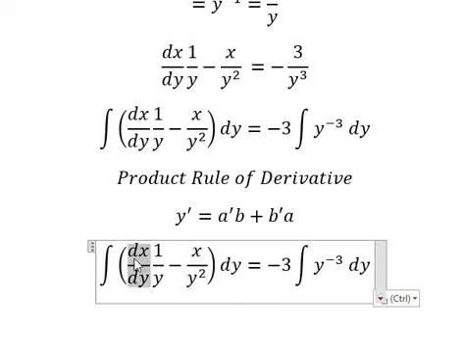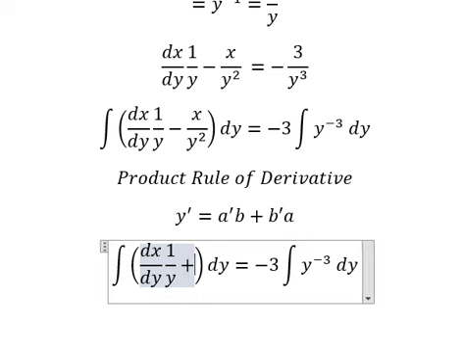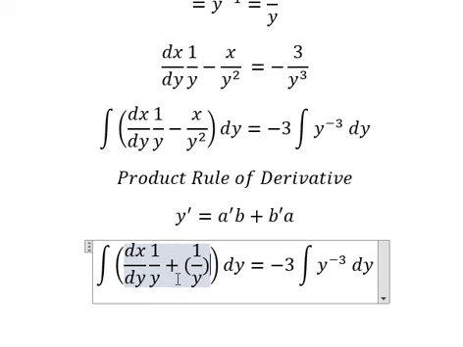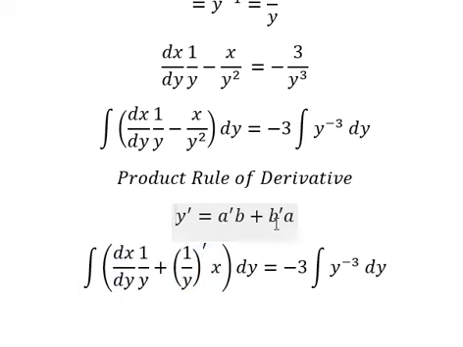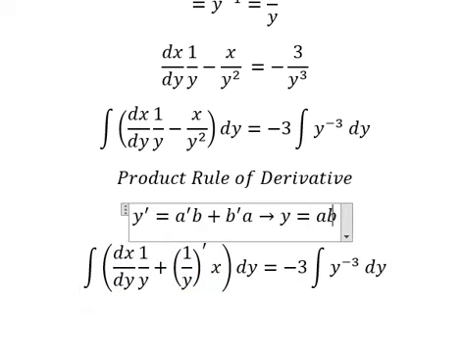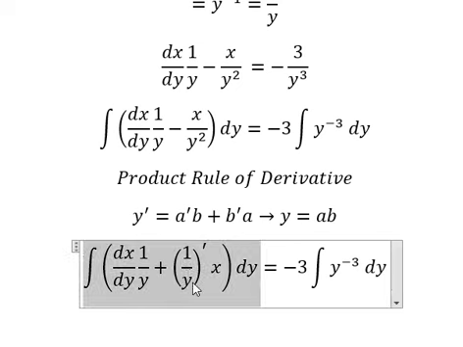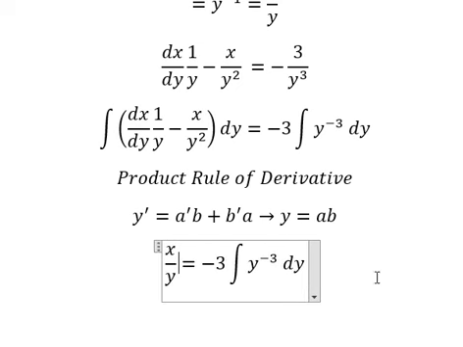So we have the first derivative of a multiplied by b, and this one we have the first derivative of b multiplied by a. So the integration of this one, we have y equals ab. So the integration of that one, we have s over y.